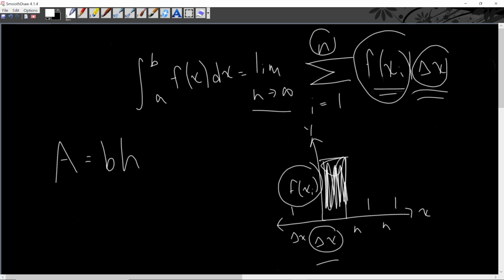So if our base is change in x, and our height is f of x_i, then the area of that rectangle is going to be change in x times f of x_i.